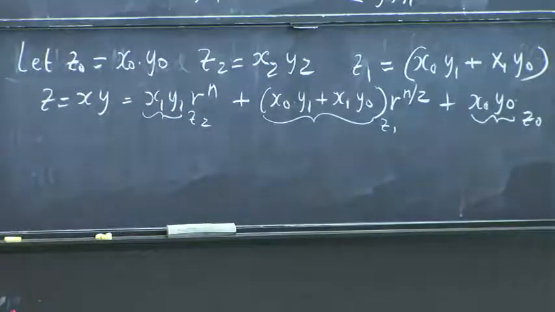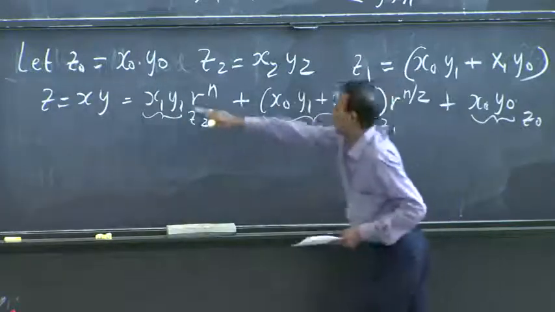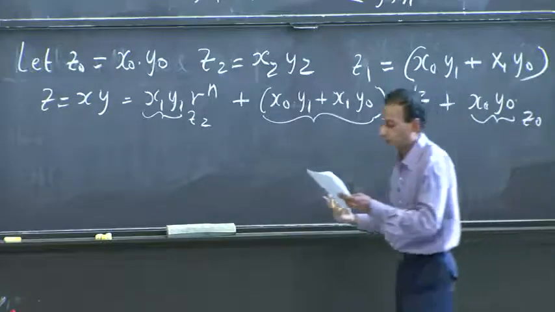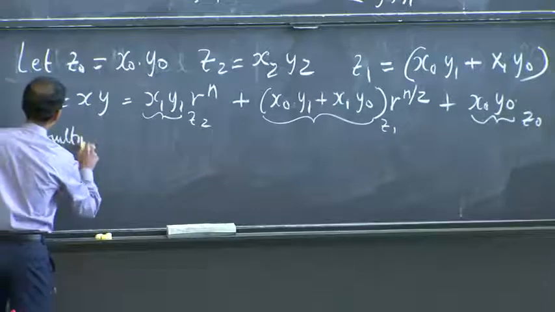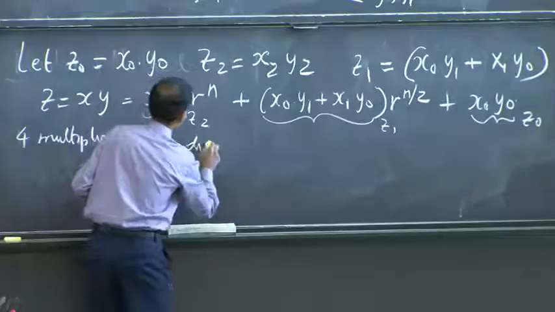And if you look at it, you need 4 multiplies, right? 1, 2, 3, 4. And you need 4 multiplies of n by 2 digit numbers.